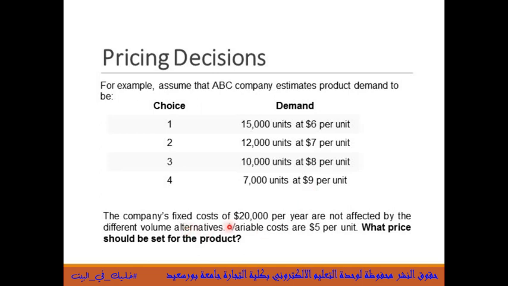Fixed cost of $20,000 per year are not affected by the difference in the demand level. Variable cost is $5 per unit. The question that we need to answer is, what price should be set for the product? $6, $7, $8, or $9?